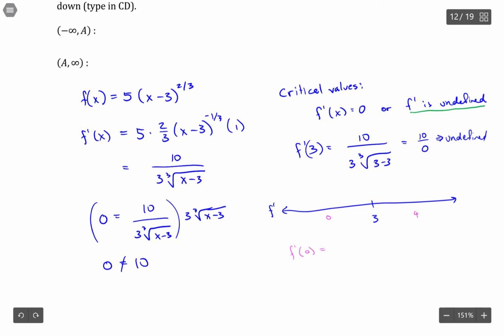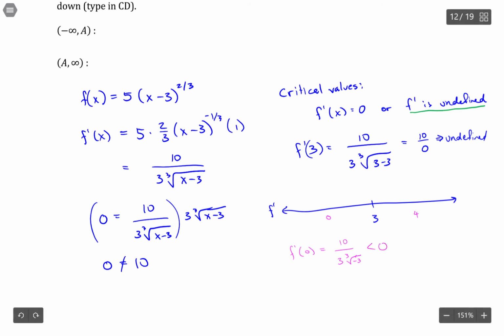So if I put in 0, let's see what happens. That would be 10 divided by 3 times the cube root of 0 minus 3, which is negative 3. Now, the square root of negative 3 would cause problems because we aren't looking at complex numbers at this point in our calculus. The cube root of a negative is fine, it's still just a negative value. So that means I have a positive divided by a positive times a negative.